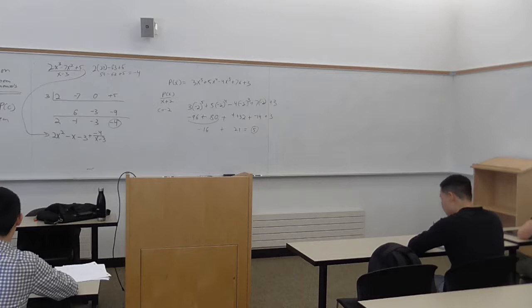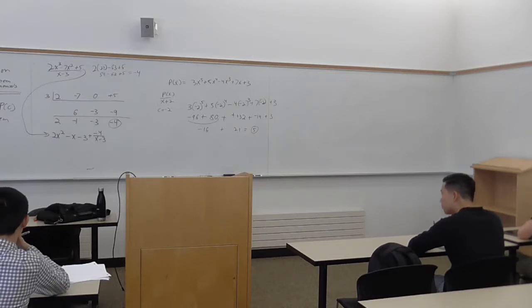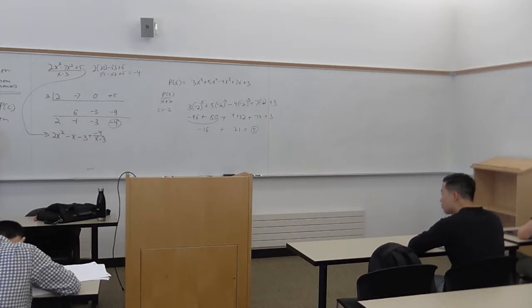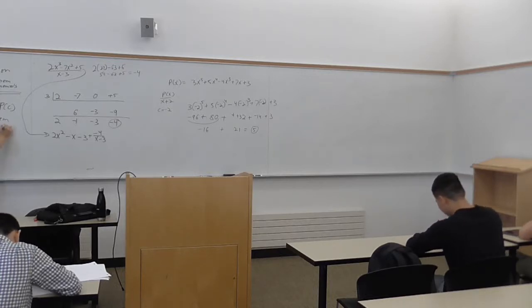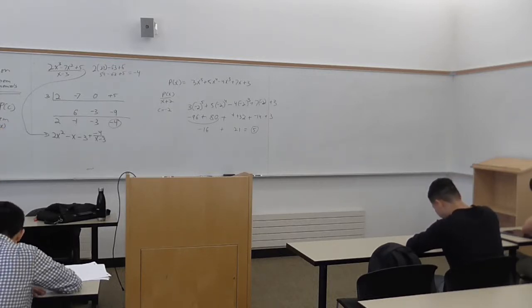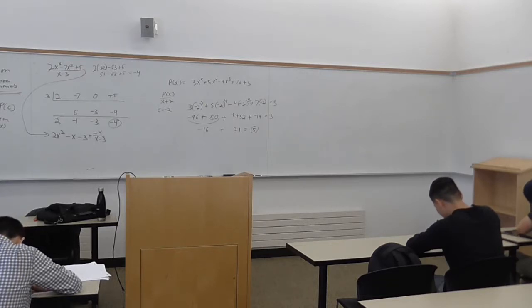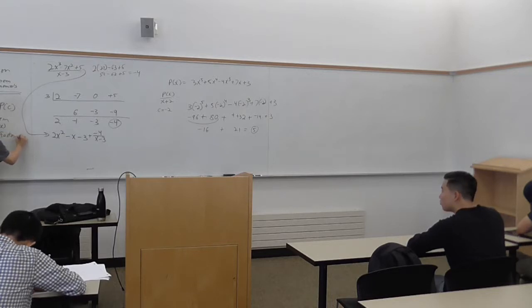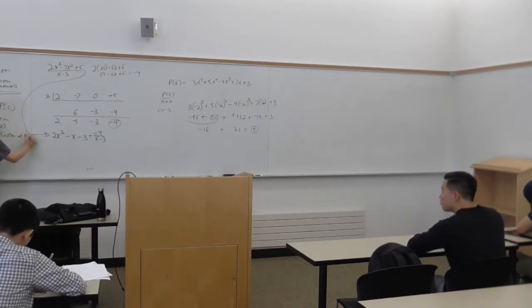Okay, there it is. It says c is a zero of p of x if and only if x minus c is a factor of p of x. All right.